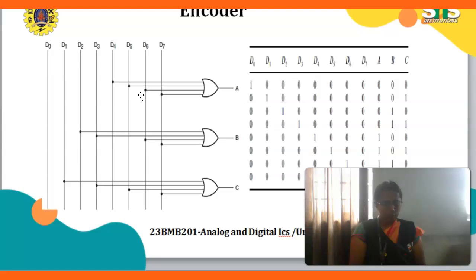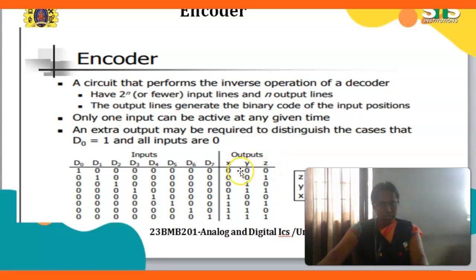D0, D1, D2, D3, D4, D5, D6, D7, and here D0 contributes no value, right? For the value of A, from the truth table we have to identify, in the first column, which inputs give the output: D4, D5, D6, D7.